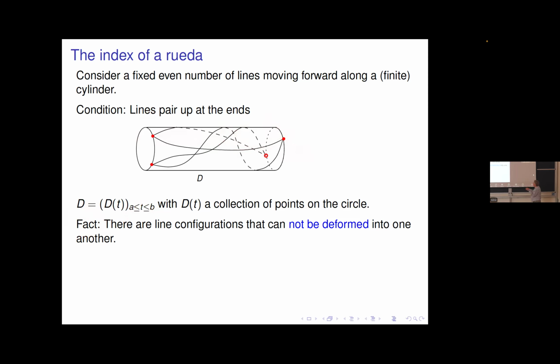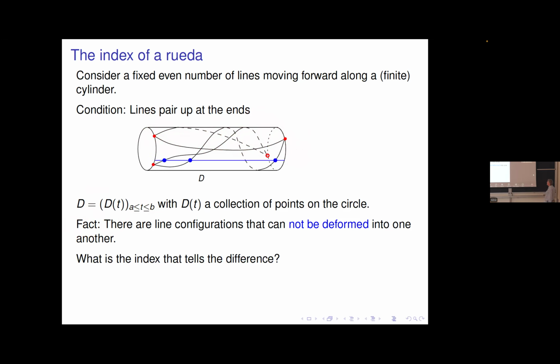And what I claim is that not any two collections that you may come up with can be deformed into one another. They come in two distinct classes. And here is how these distinct classes come about. What is the index that tells the difference between the two? Well, you draw again a fiducial line, and here you get the winding number of three crossings.